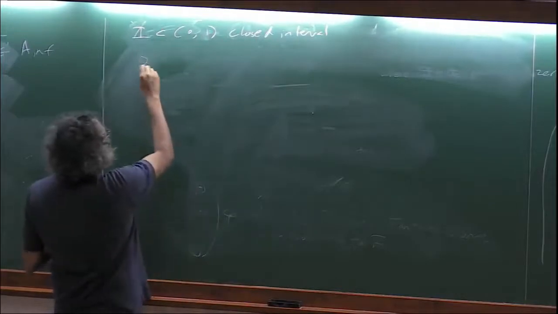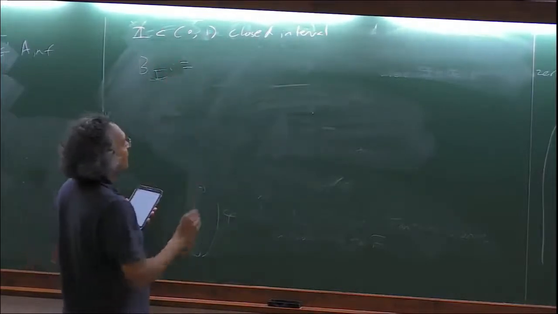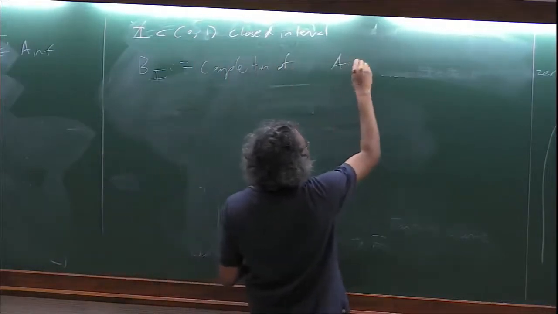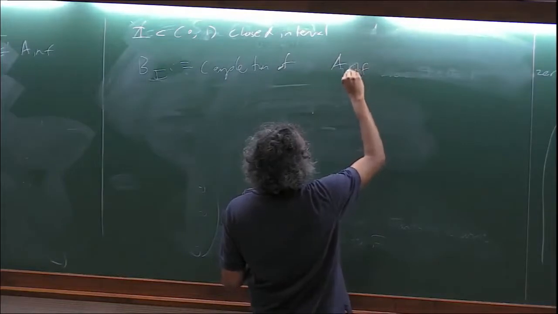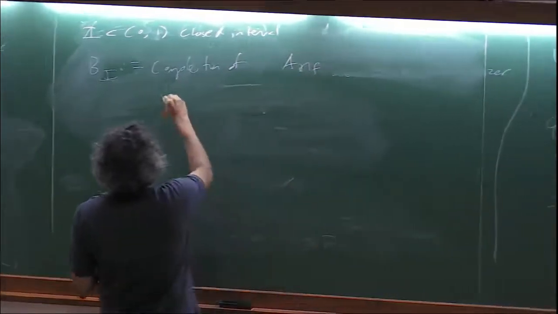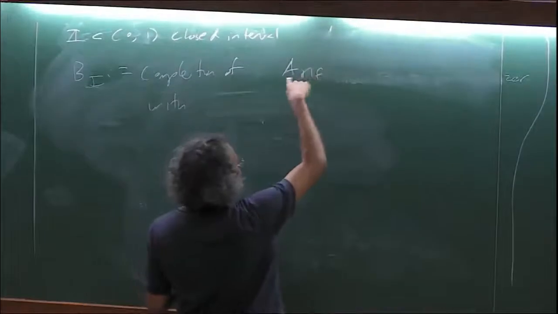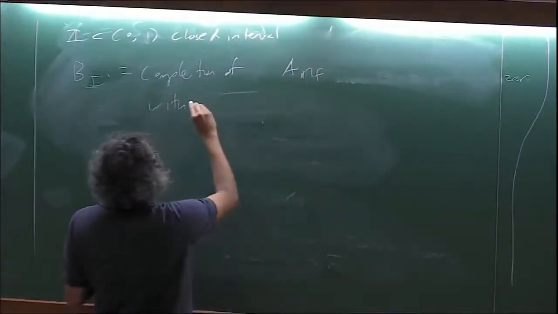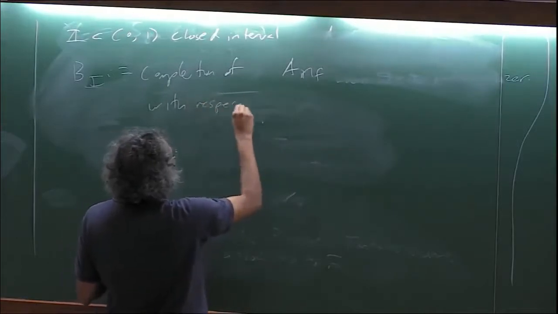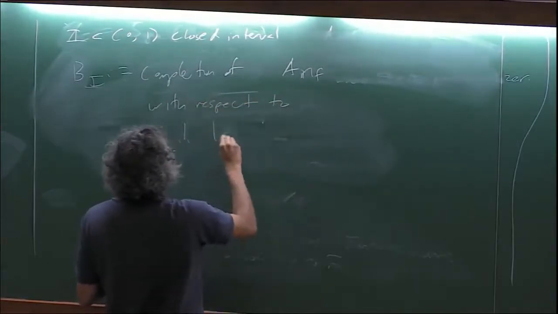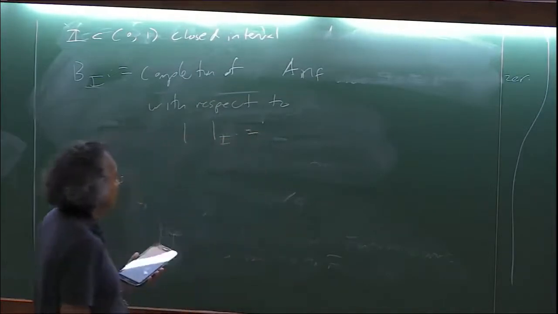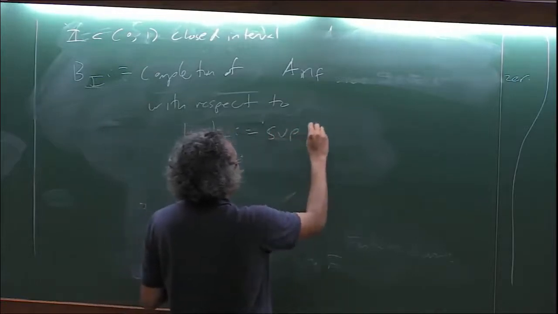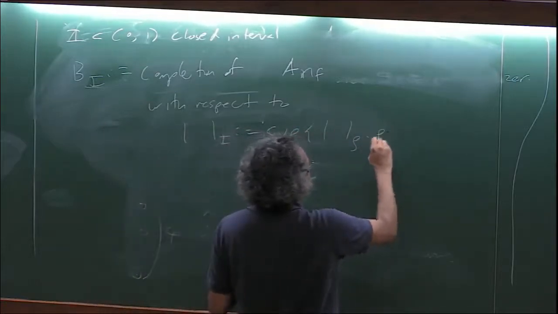I'm going to define the ring B sub I to be the completion of A-inf. I'm writing this out of order, so there's something missing here, but I'm going to define another norm, sub I, which is the sup over rho in I.